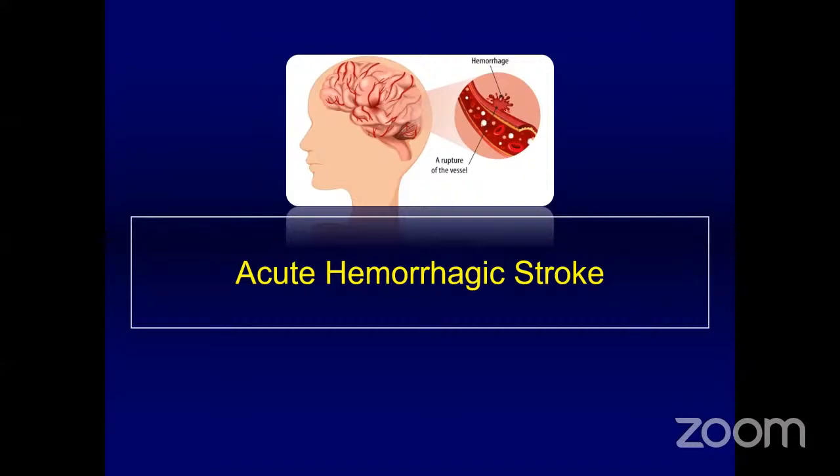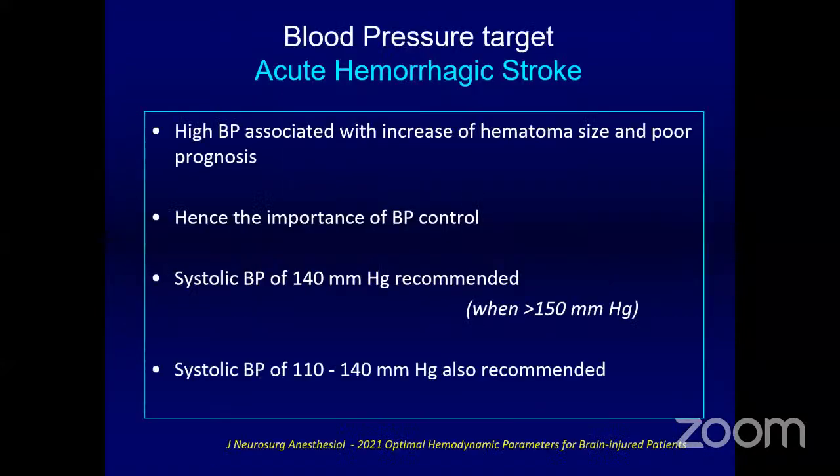Now, talking about acute hemorrhagic stroke, again, a good number of patients keep coming to us. We all know that any high blood pressure can lead to an increase in the hematoma size, and that will result in a poor prognosis. So the importance of blood pressure control is enormous.